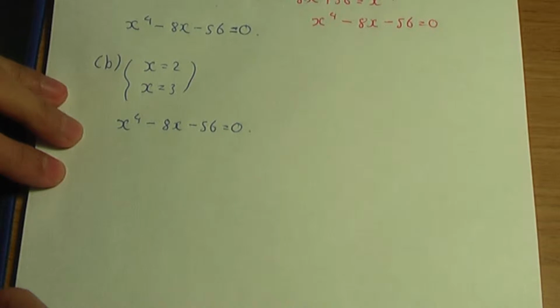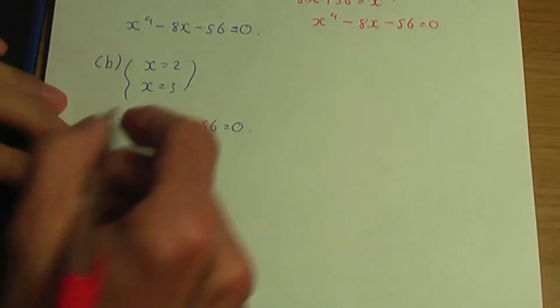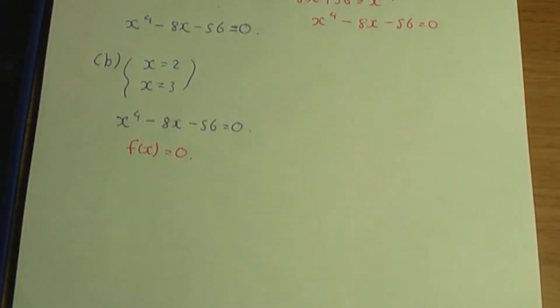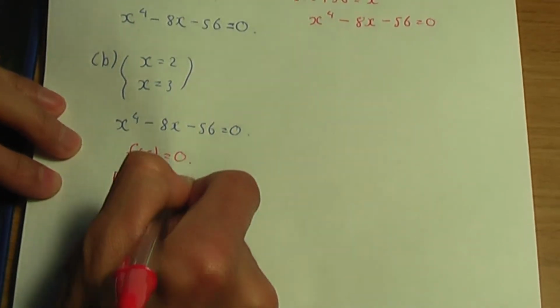But let me talk to you about the change of sign rule. Supposing we have an equation of the type f(x) equals 0, and we have an interval a and b.